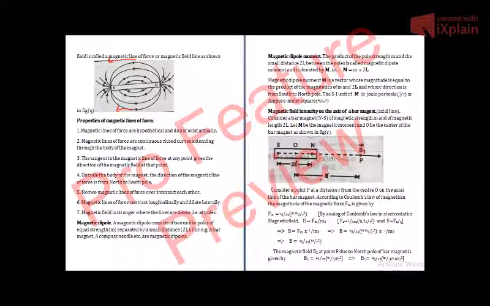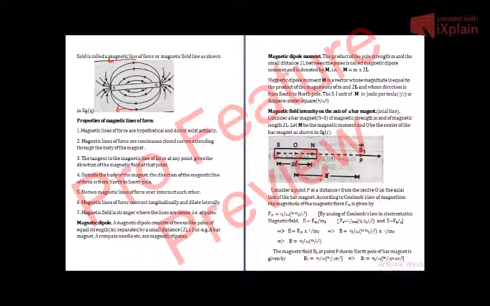The line which passes through the axis of the bar magnet is called the axial line. You can choose any point on the left side or the right side of the bar magnet; I have chosen point P on the right side. We have to find the magnitude of the magnetic field at point P. So let us consider a point P at a distance r from the center O on the axial line of the bar magnet.